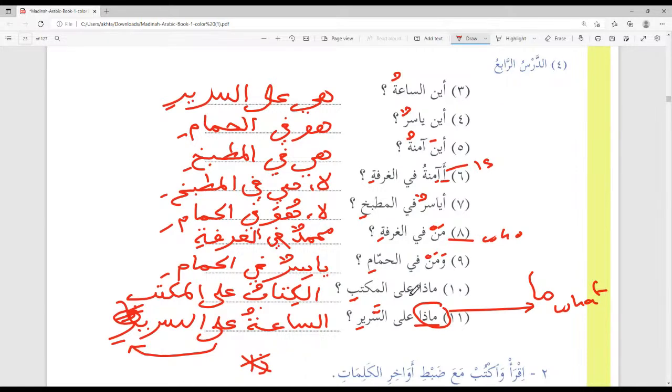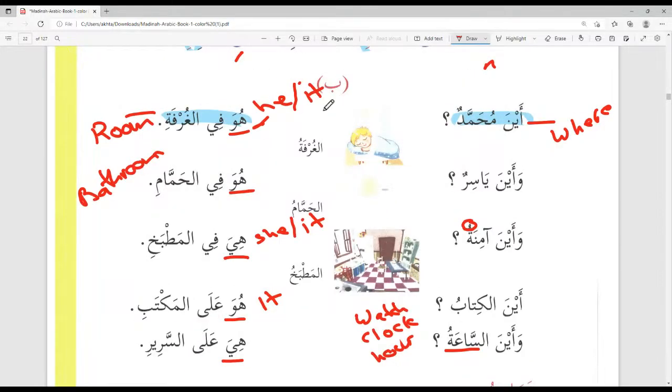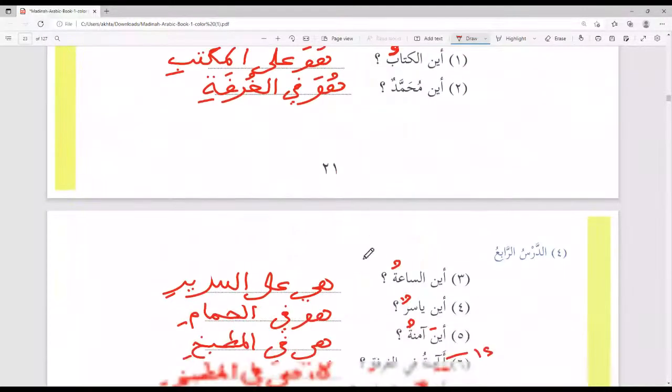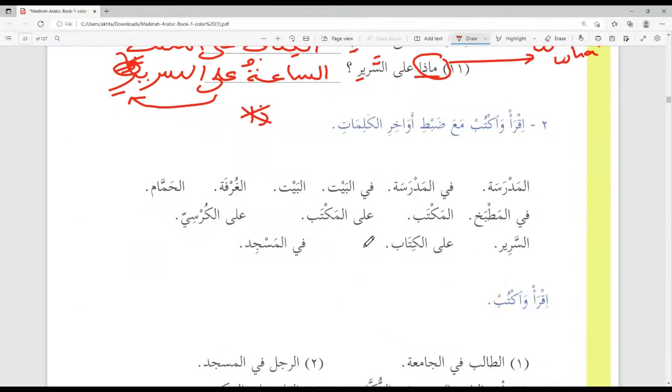So again, fi means in, ala means on, and when they come before a noun, they change it from one dhamma to a kasra, or if it has two dhammas, from two to two kasras. Just remember, that's why you say Bismillahi.